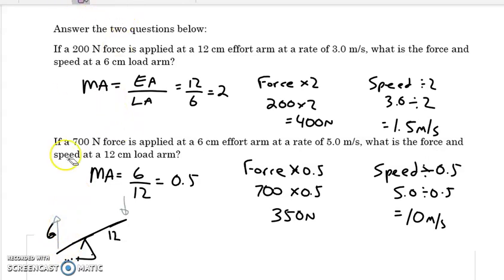In the second one, what we've got here is we're actually applying the force on this side, gaining the force on this side. Now, we lose half the force, but it's happening twice as fast, and that's the scenario in the second one.